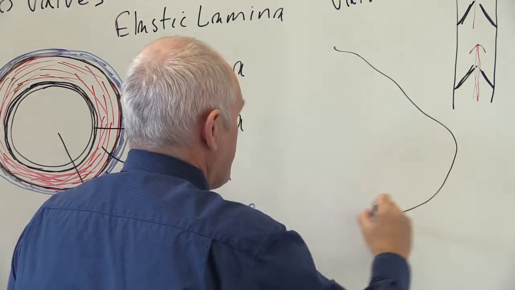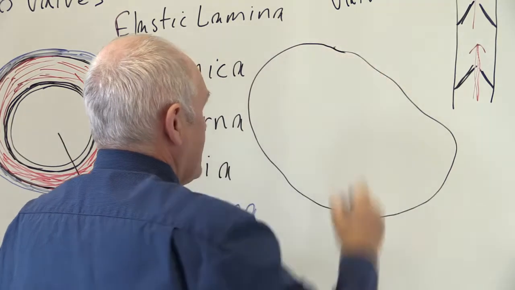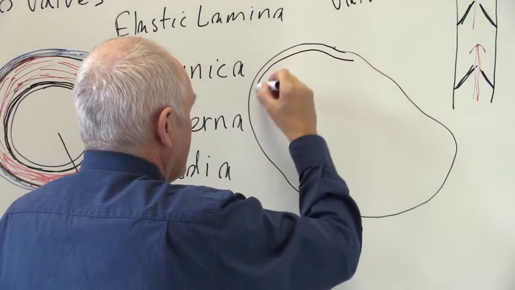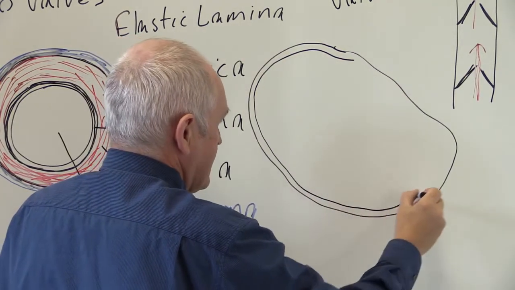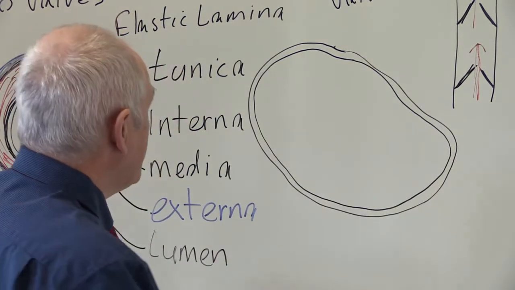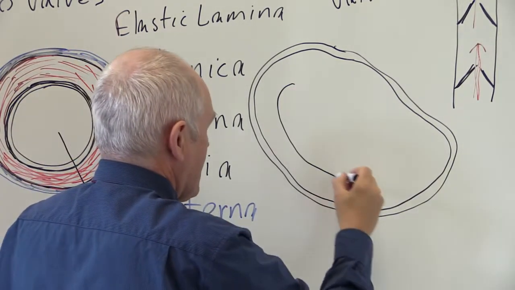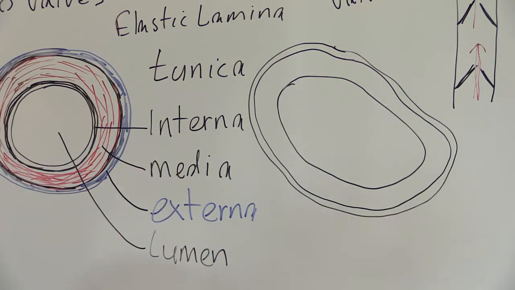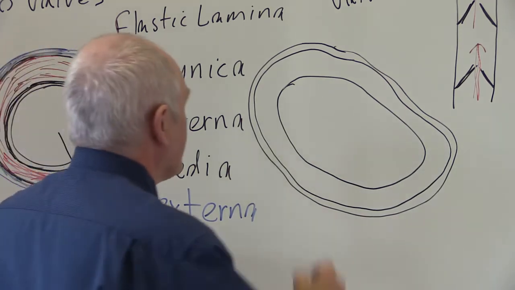So here we have a vein, and the layers are pretty well the same. We've got the externa or the adventitia, then we've got the media. The media is relatively thinner than in the artery, and then inside we have the intima.